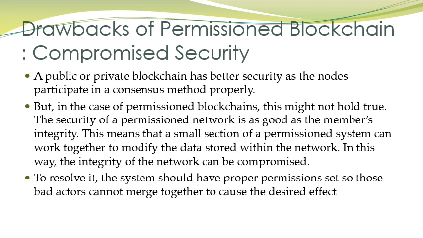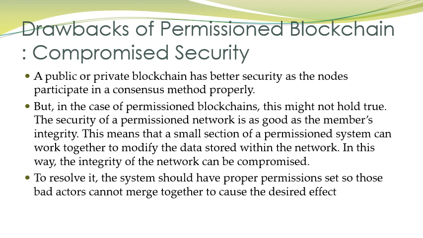This means that a small section of a permission system can work together. A small group of nodes can work together to modify the data stored in the permission blockchain, and in this way the integrity of the network can be compromised. These nodes can try to manage the network. So this is the problem with the permission blockchain.